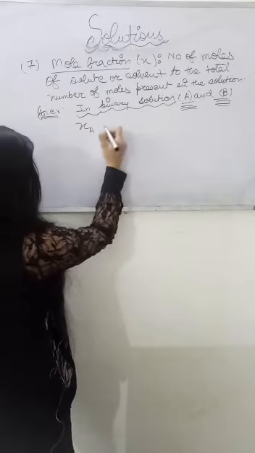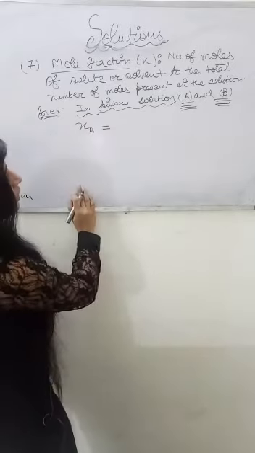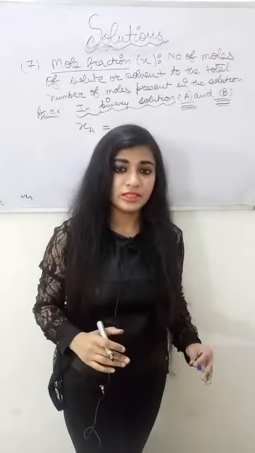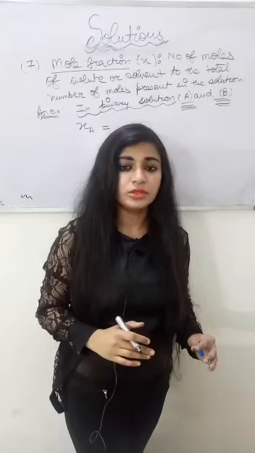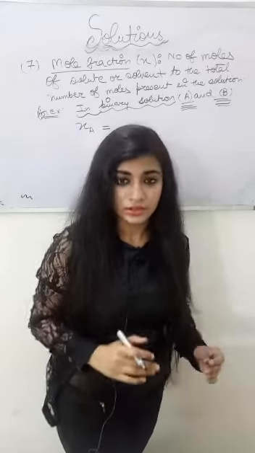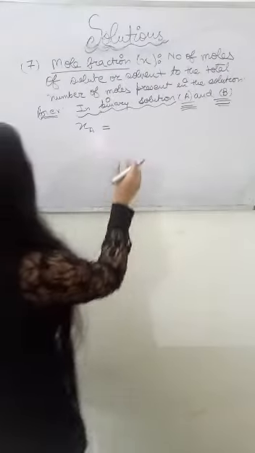So Xa, as its definition says, is the number of moles of solute or solvent to the total number of moles present in the solution. That we are going to apply.